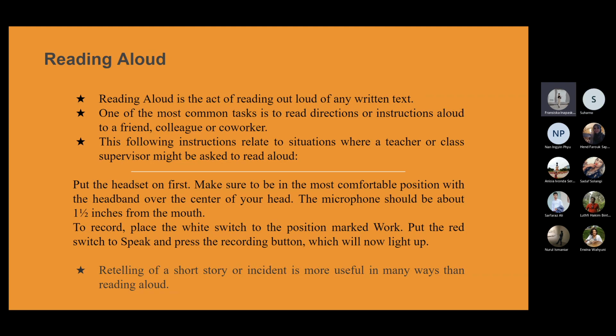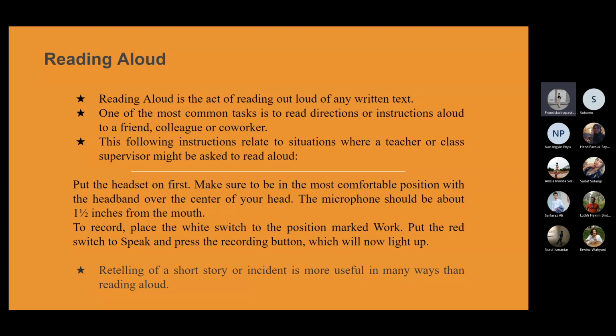This is like when the teacher is a model for the students in speaking when reading aloud, and the students also read the text out loud. One of the most common tasks is to read directions or instructions aloud to a friend, maybe a colleague or a coworker.